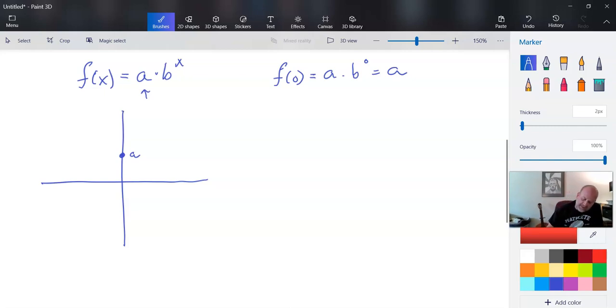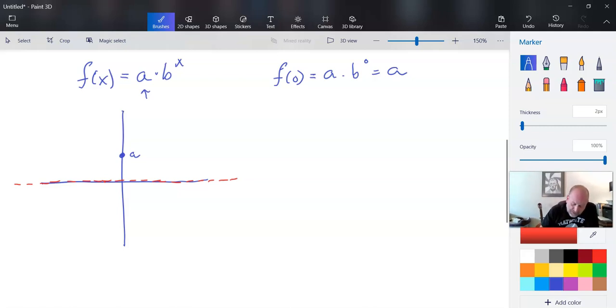But these things, because they're exponential, and there's no exponent that will make a positive number negative, what ends up happening here is this thing gets closer and closer and closer to the x-axis without hitting it. It's what's called an asymptotic behavior. We've looked at asymptotes already.